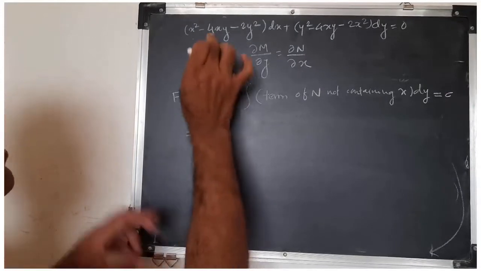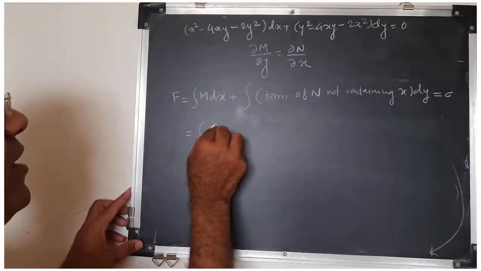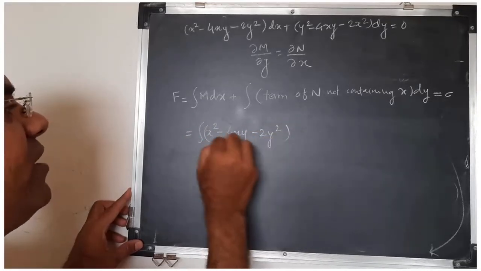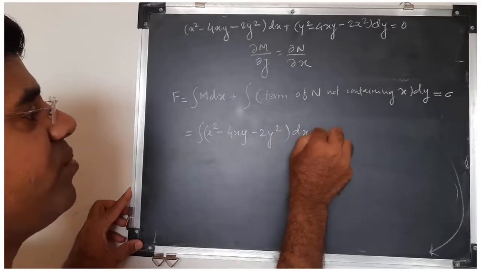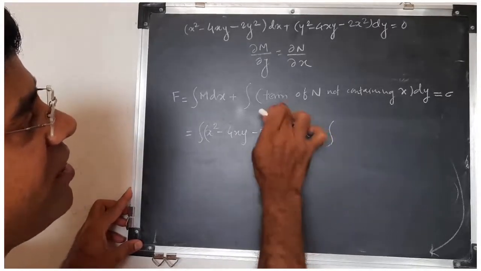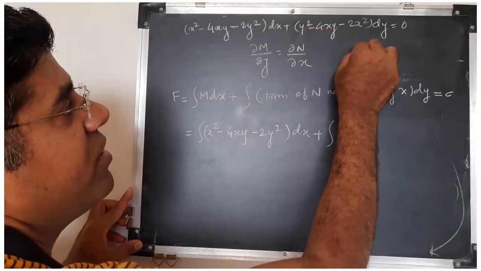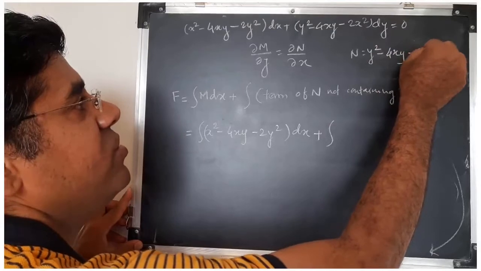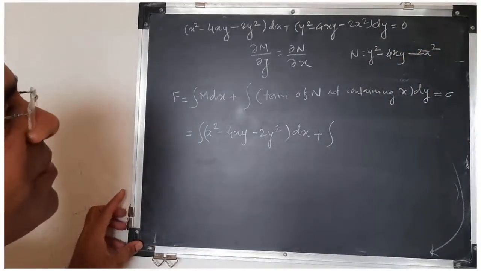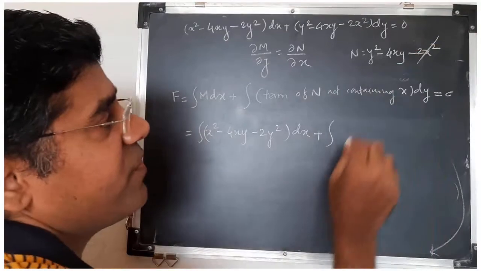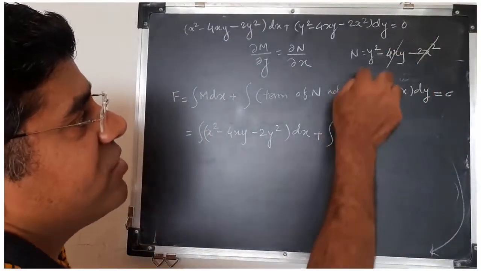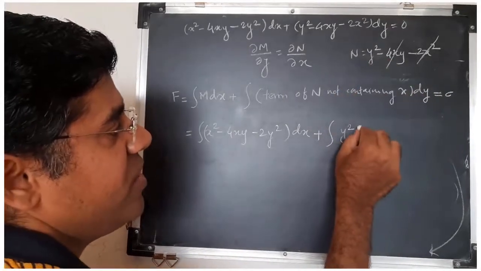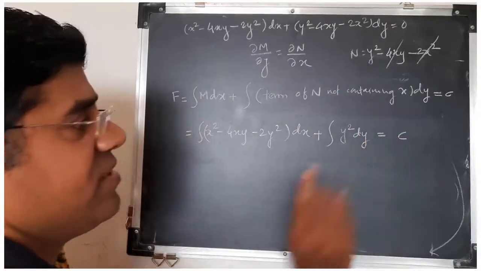What is M here? M is x square minus 4xy minus 2y square, into dx, plus the integral of the terms of N free from x. N is y square minus 4xy minus 2x square, which is not free from x, so the term free from x is only y square, into dy, equal to c, the constant of integration.